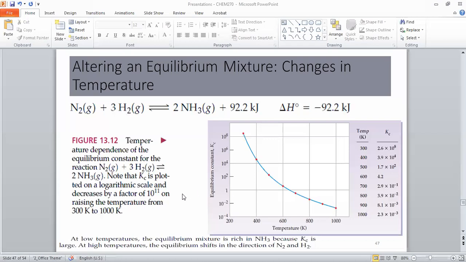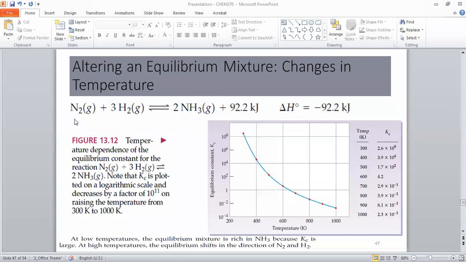So why is this happening? Again you can explain with the Le Chatelier principle, because this reaction is the exothermic reaction and the energy is on the product side, and when you increase the temperature, there should be more stress on the product side and the reaction proceeds towards the backward direction.